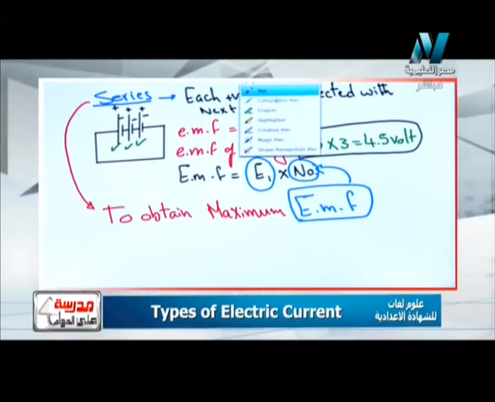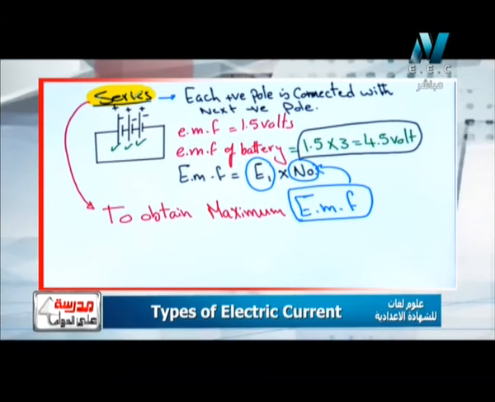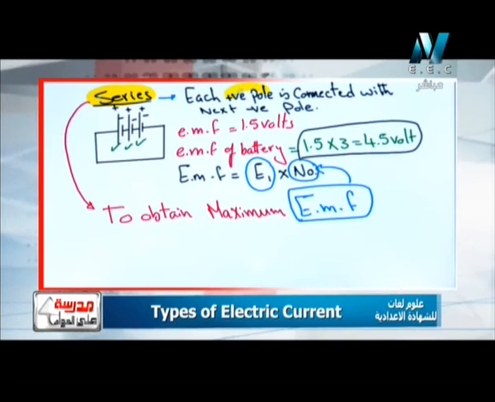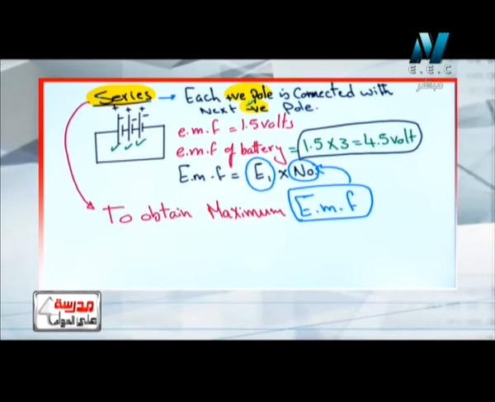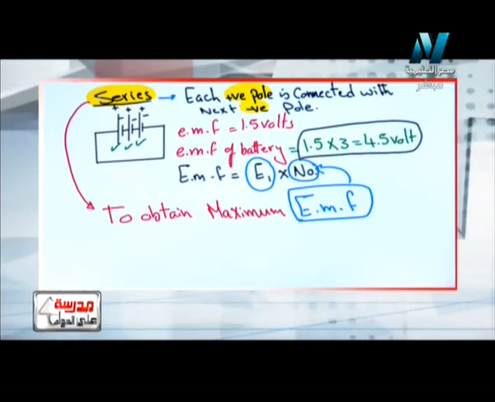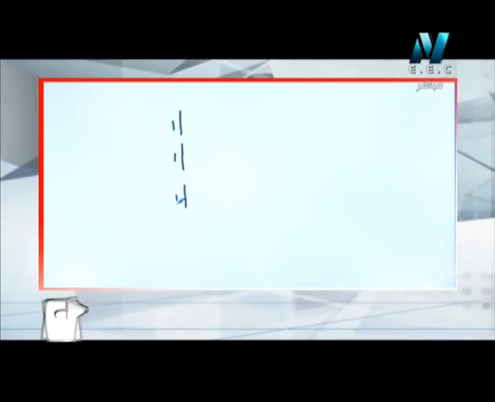So now we know the series connection of the electric cells: each positive pole is connected with the next negative pole. What if we connect them in parallel? Look, if I draw it with the pen: positive, positive, positive, and here negative, negative, negative.